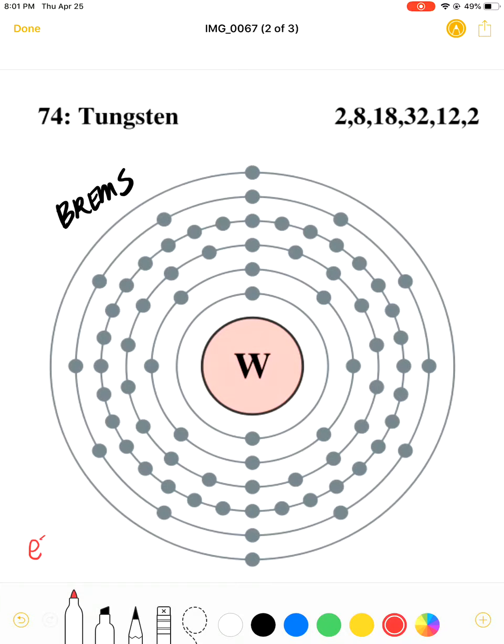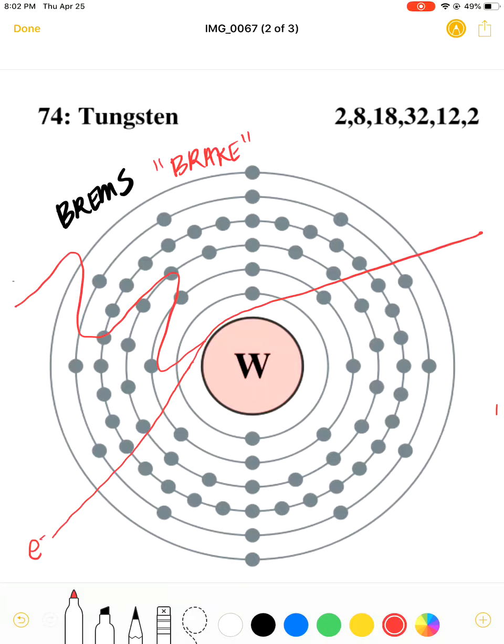The incident electron will be traveling, but once it reaches the force field of the nucleus, it is going to break. That's where the term Brems comes from, break. Once it reaches the nucleus force field, it's going to change direction. This loss of energy, this change of direction, is what produces the X-ray photon.